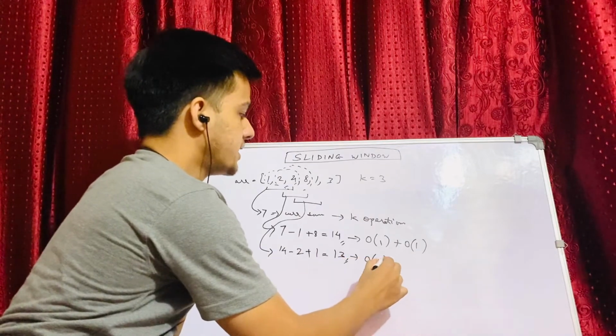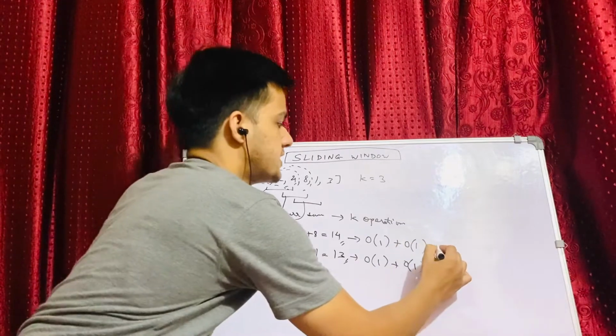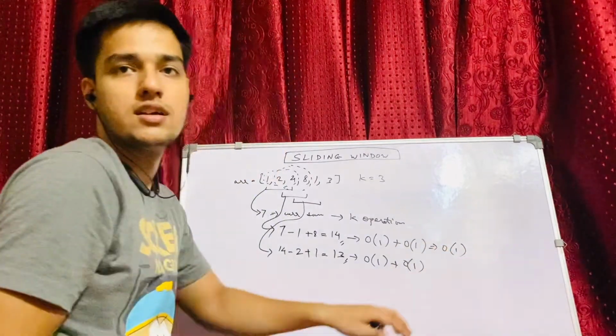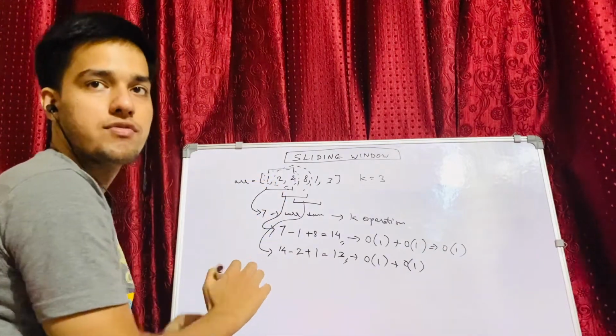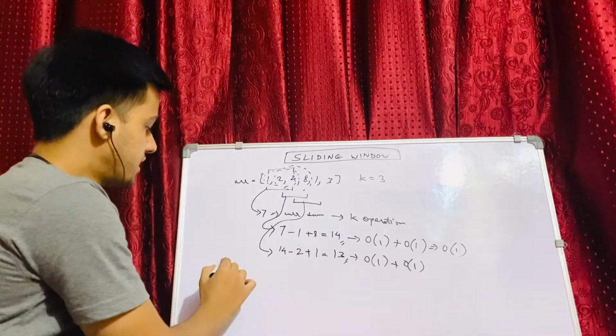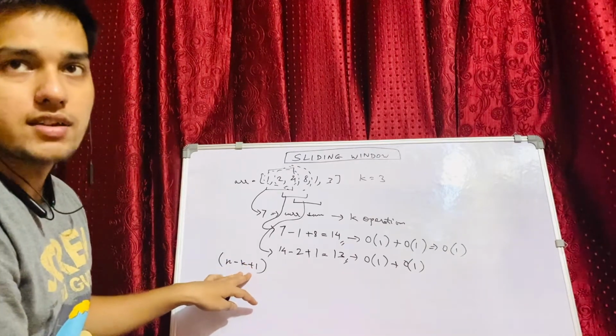Similarly, for each and every k-length sub-array, we are doing the same thing, which is simply constant time. So how many sub-arrays are we having? As we discussed, we are having n minus k plus 1 sub-arrays, right?